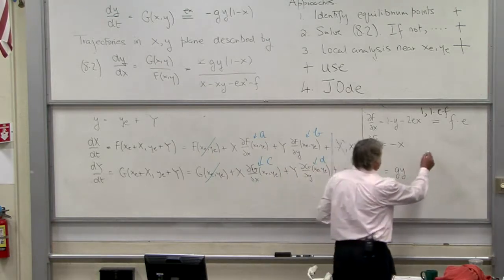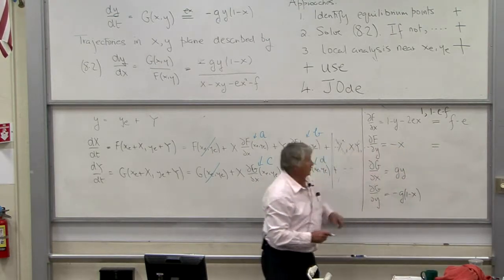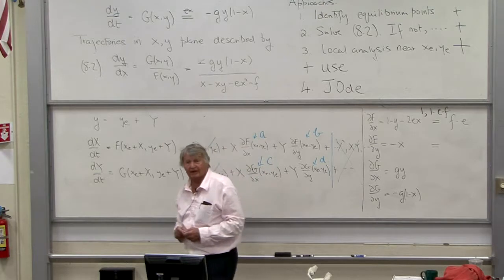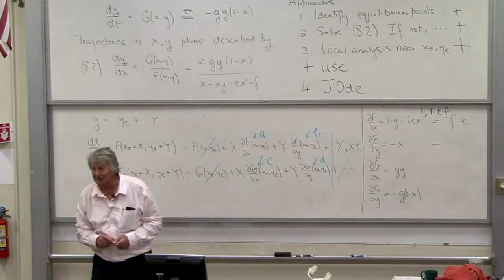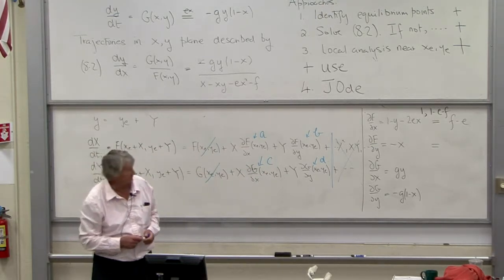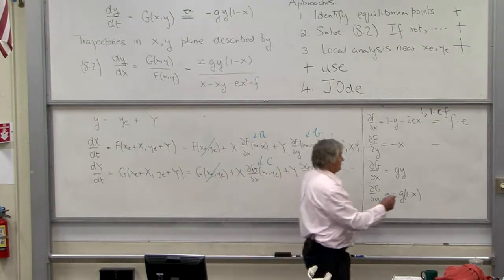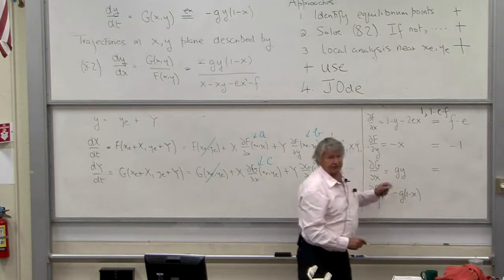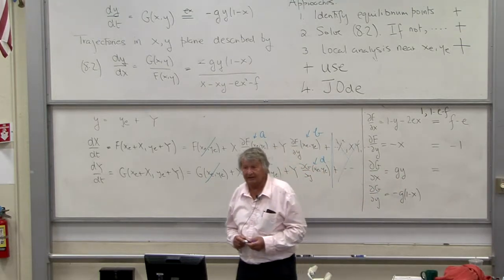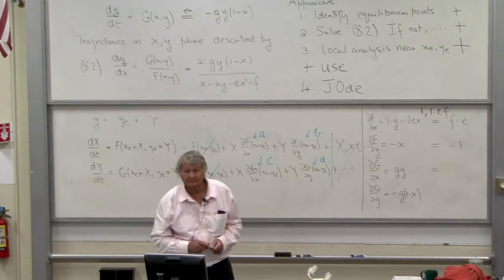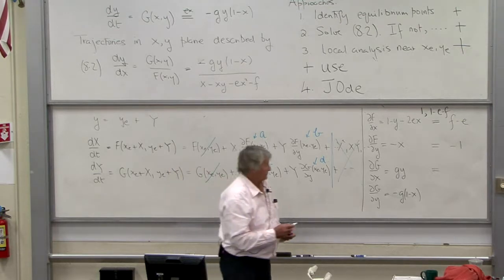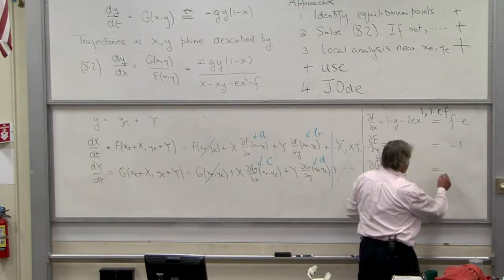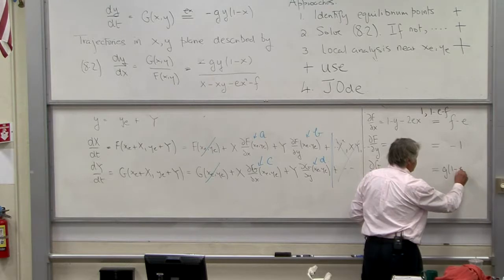What is the value of df by dy at x equal minus 1? I mean x equal 1. Just minus 1. What is g times y at the equilibrium point? It's right, it's g times 1 minus e minus f.